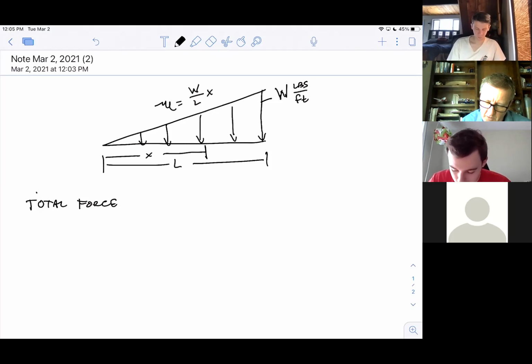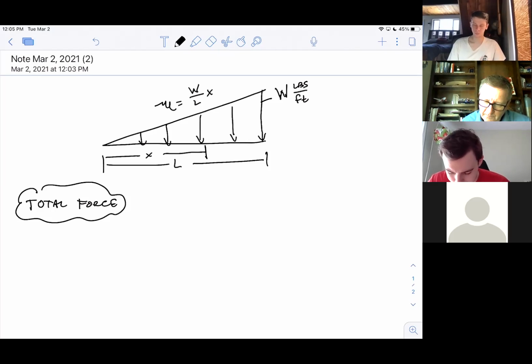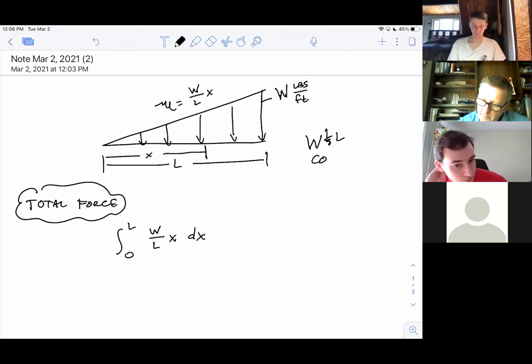We said if you go all the way to the end, which would be from L to 0, because that's how long this beam is, and you just take the equation W over L X and integrate it with respect to X. Remember, W and L are constants. So let me make a note of that. W and L are constants that would be given as a part of the problem.